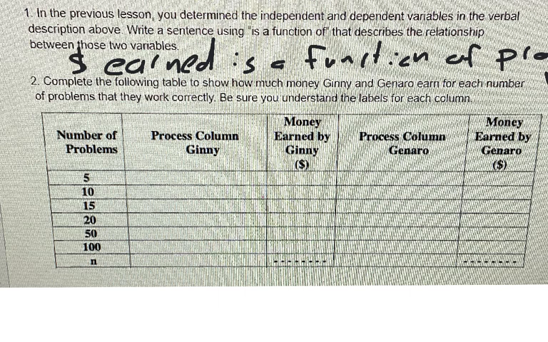And how did you find that? $2 per problem times 5 problems worked, which is 10. That's what they want us to use in the process column. What about for Gennaro? 3 per problem. He would be 3 times 5, which would be 15.